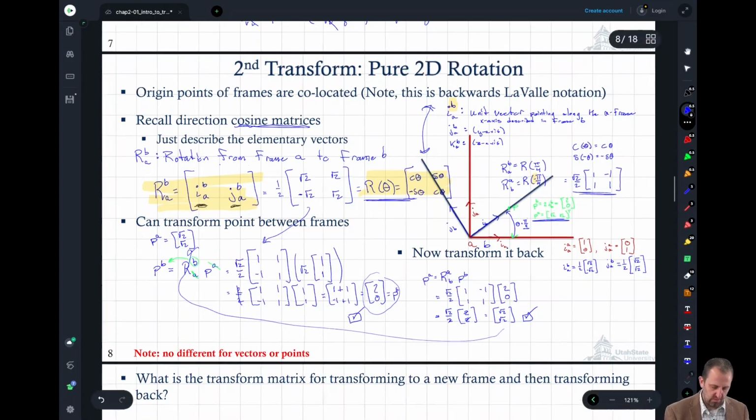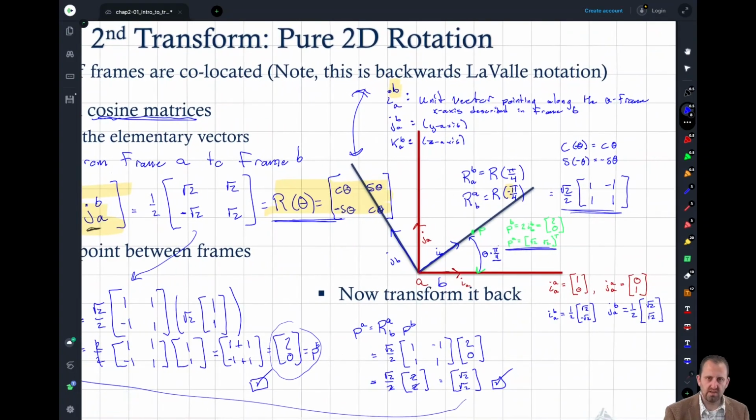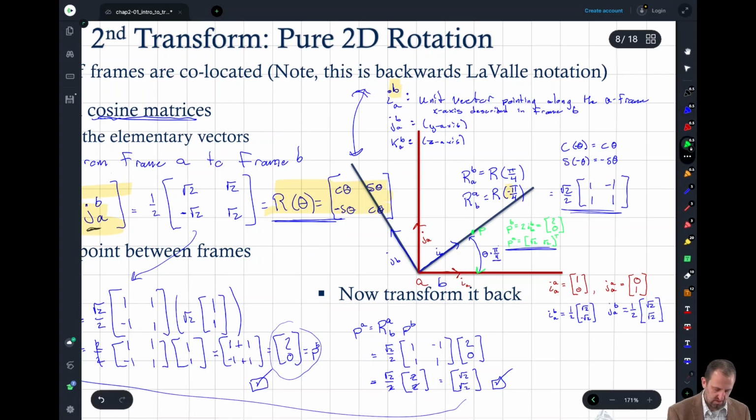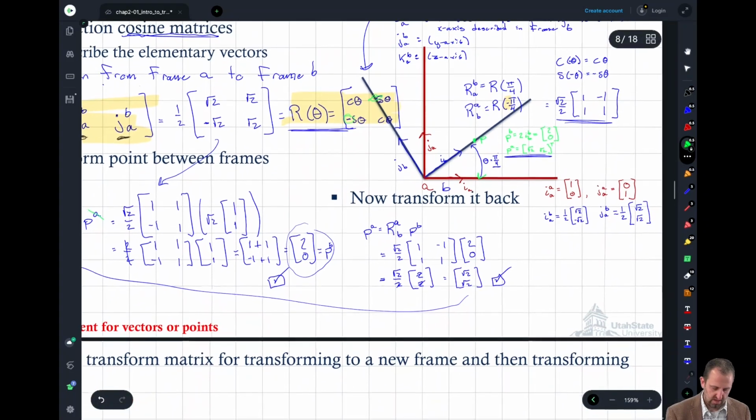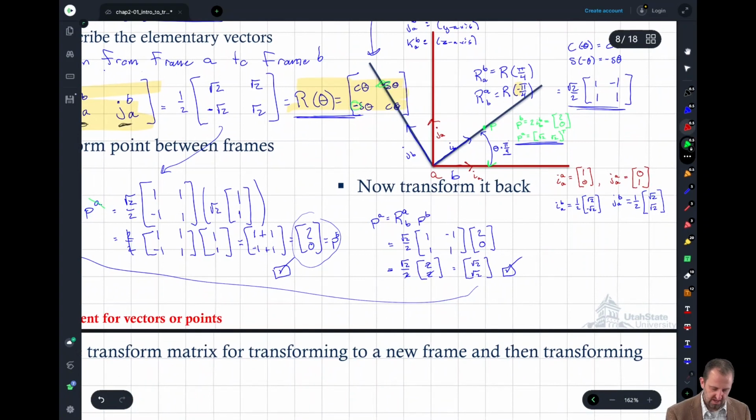Now, one thing that we noticed is all we did was we changed the sign locations when we were doing the reverse transform. And what we can see here is that our RAB is just equal to the transpose of RBA, which is fantastic.